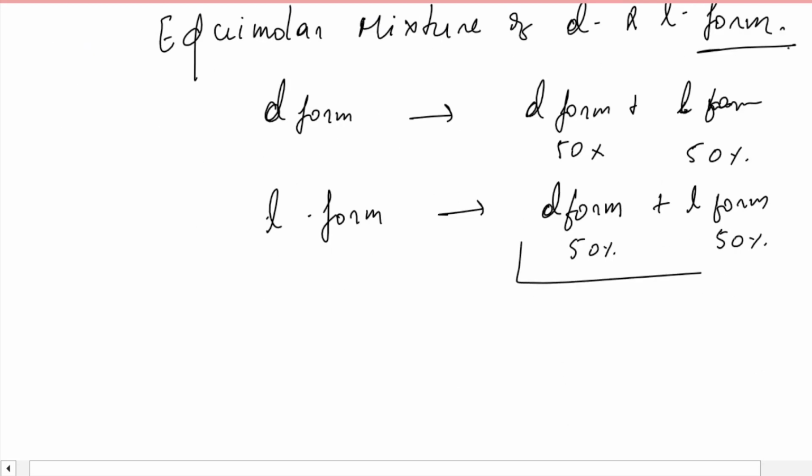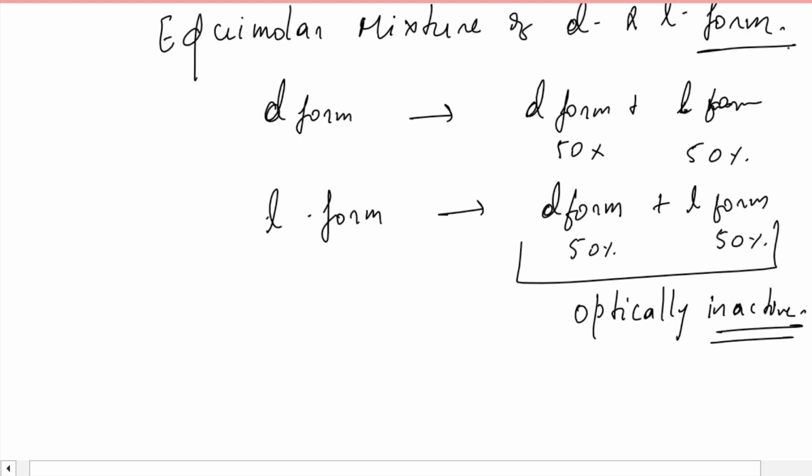Now the net rotation of plane polarized light with the help of this mixture is zero. So this mixture is basically optically inactive in nature.